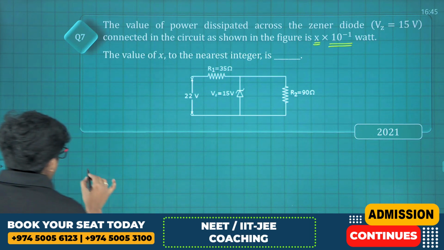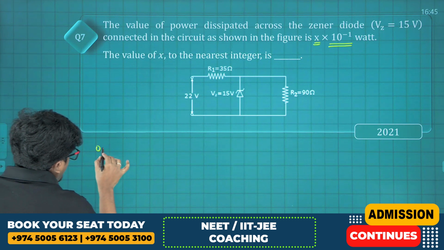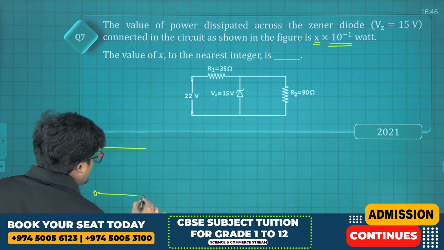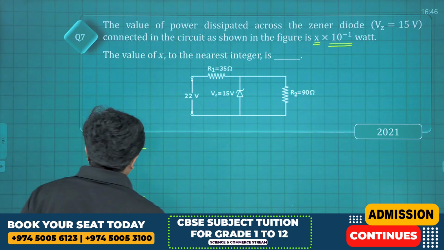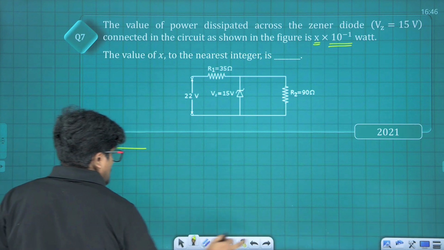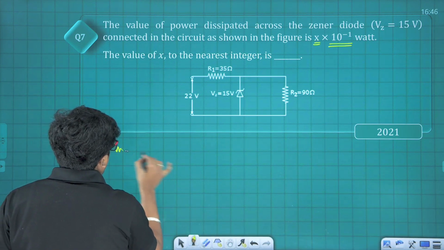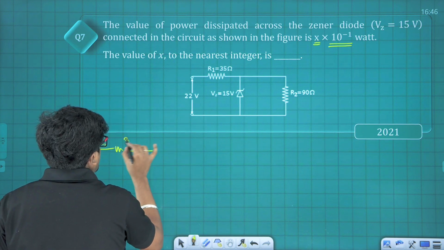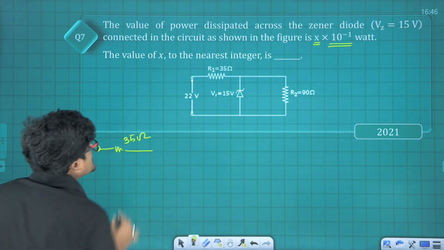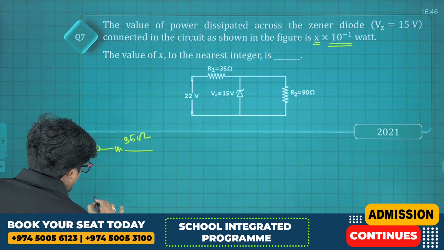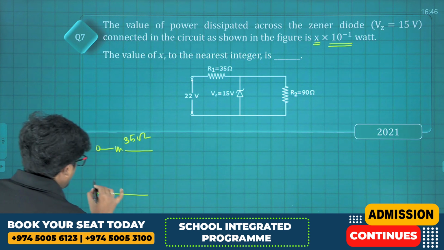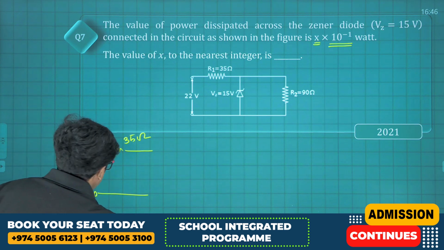So here I am having a 22 volt input, followed by that a 35 ohm resistance here.